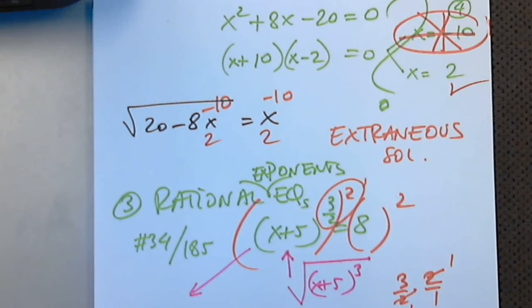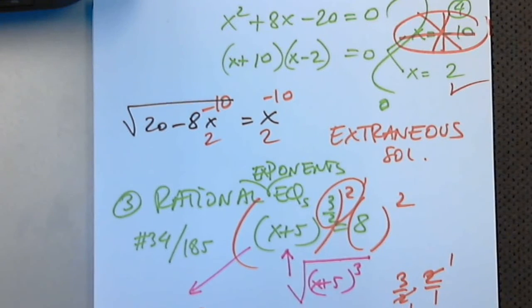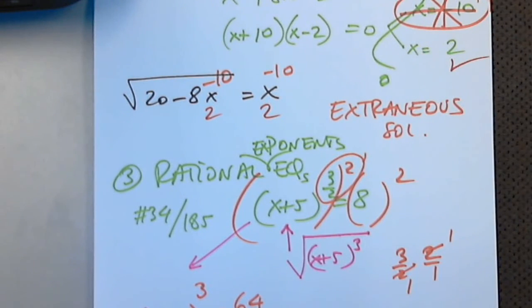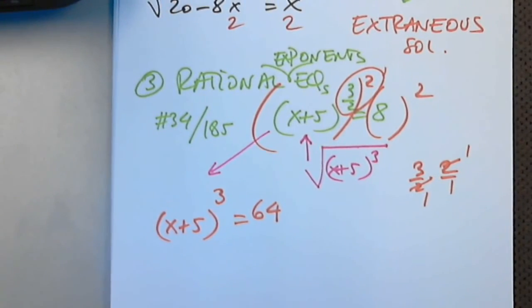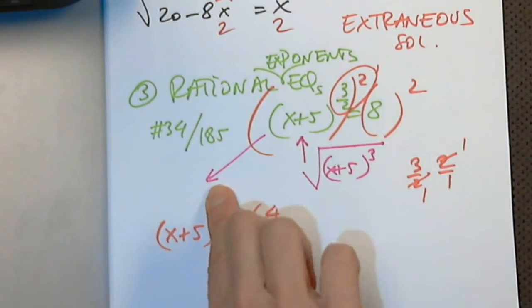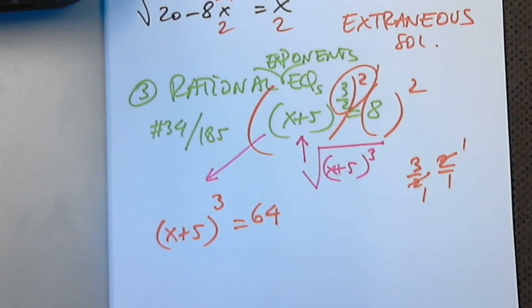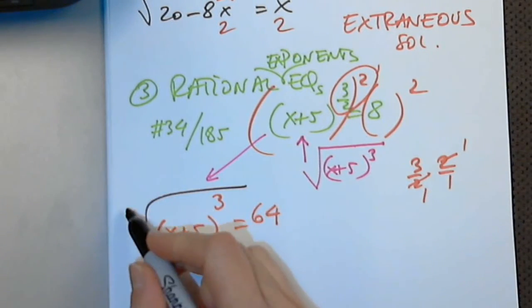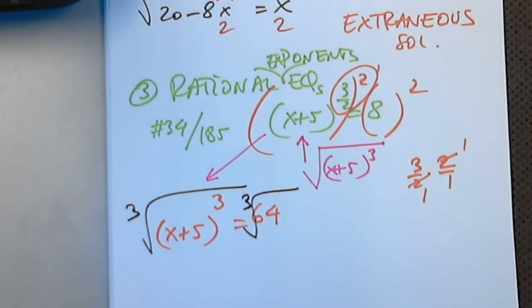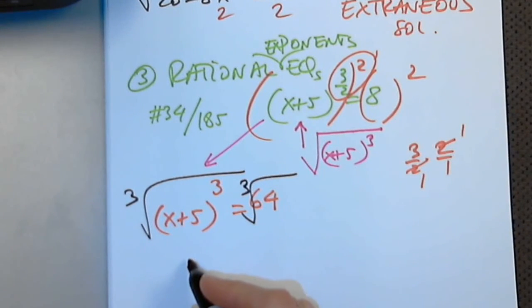Now what? Remember, I squared both sides, which means I have to go back and check. So now what will be the next step? How do I eliminate this? The cube root, indeed. So the left-hand side is? x plus 5.